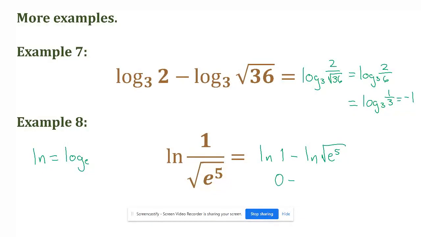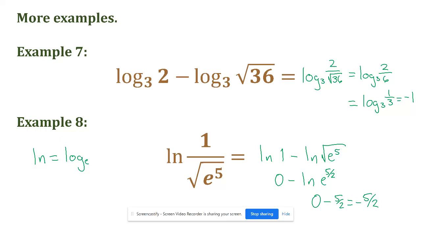So this will be 0 minus ln of radical e to the fifth, that's going to be ln of e to the, we're going to rewrite that with a rational exponent, it's going to be 5 over 2. And then remember, this has a base of e. This is log base e of e to the 5 over 2. So it's kind of similar to one of the ones we saw earlier. You're asking yourself, what power of e gives me e to the 5 over 2? And it would just be 5 over 2. So you have 0 minus 5 over 2. And you can simplify that, and it's negative 5 over 2.